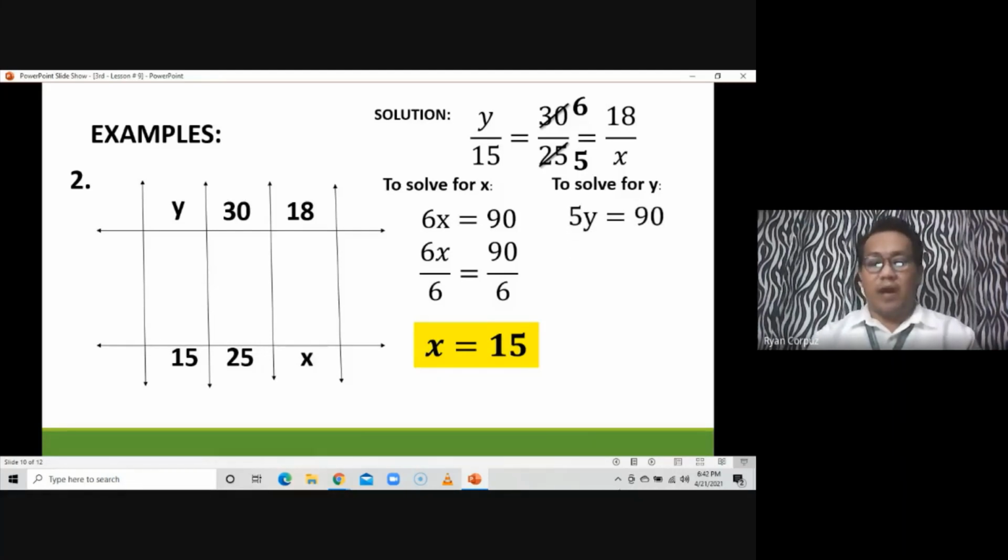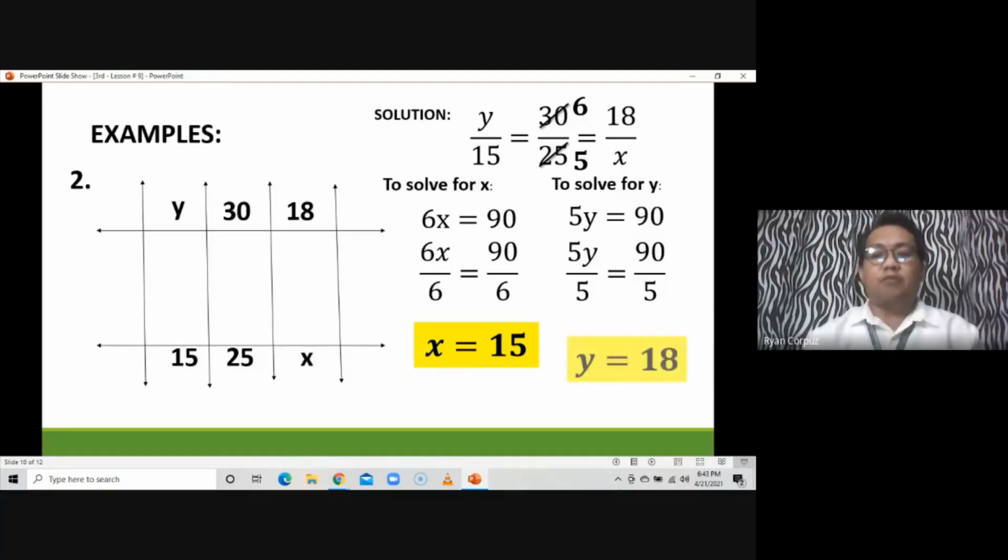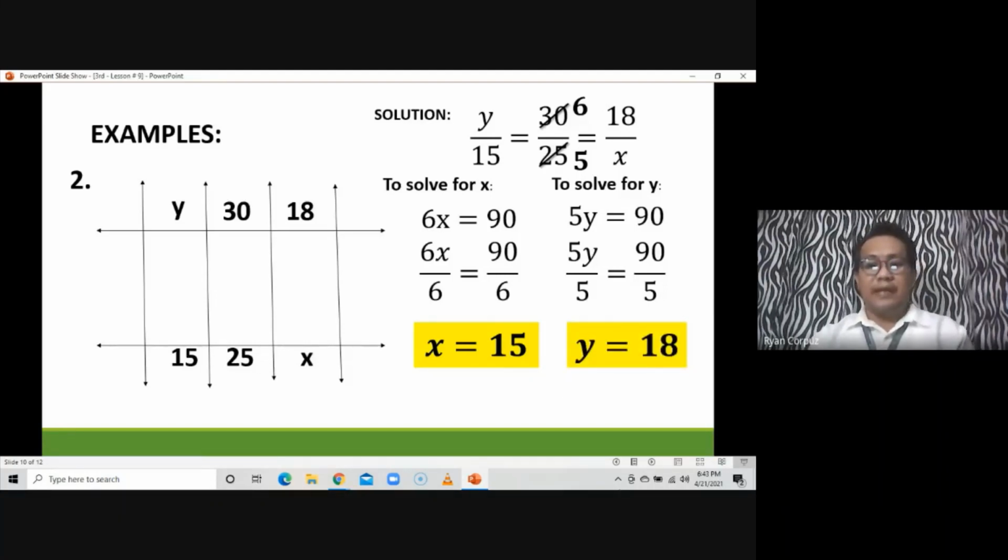To solve for y, we have to divide both sides of the equation by 5. So that 5 will be cancelled out, then y will be left. y is now equal to 90 divided by 5. That 90 is exactly divisible by 5. So 90 divided by 5 would be equal to 18. So y is equal to 18.